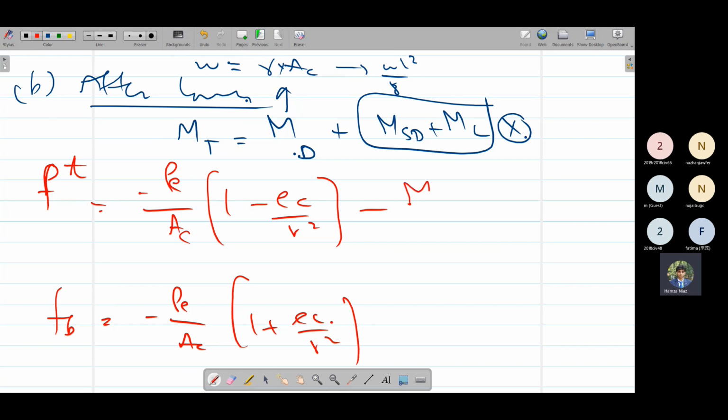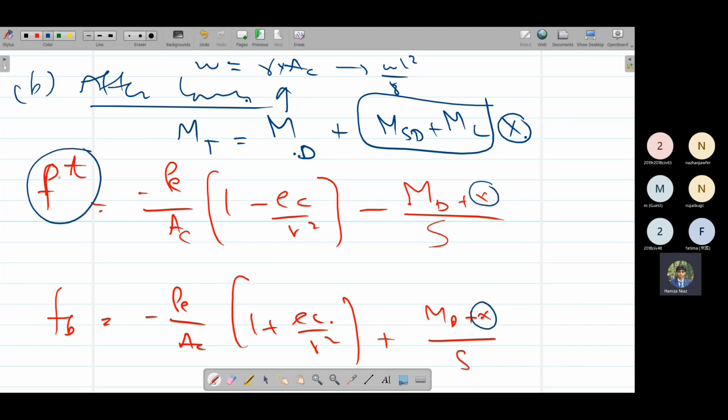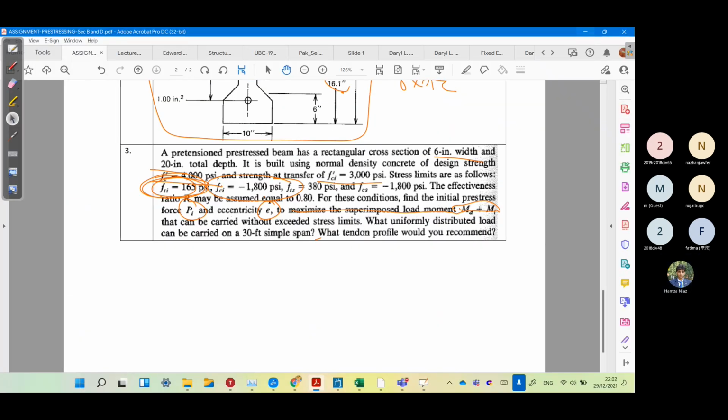So we can write MD plus X over S, and MD plus X over S. This X is unknown here. We know these stresses, so we can put them as 380 and 1800.